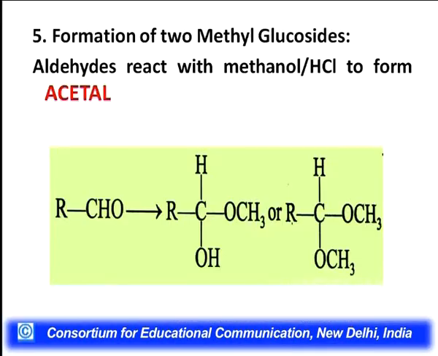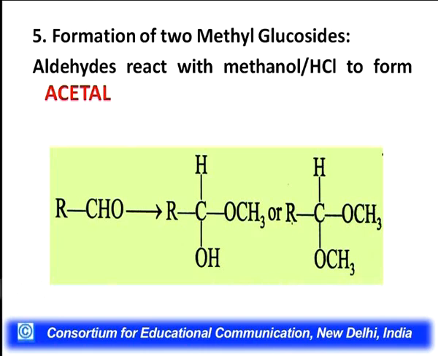Next, what we know is that when an aldehyde reacts with methanol in presence of HCl, it forms a hemiacetal, and if it reacts with excess of methanol, then it forms an acetal.